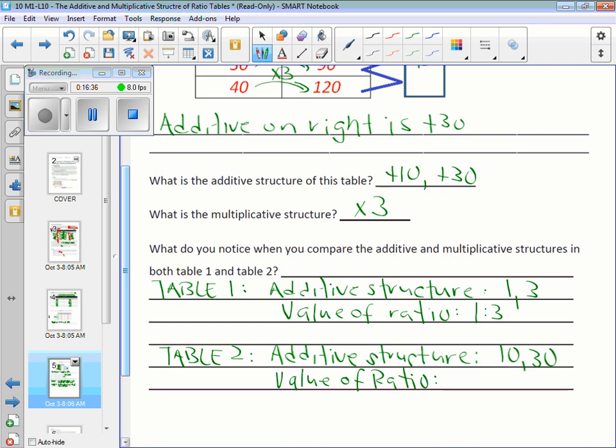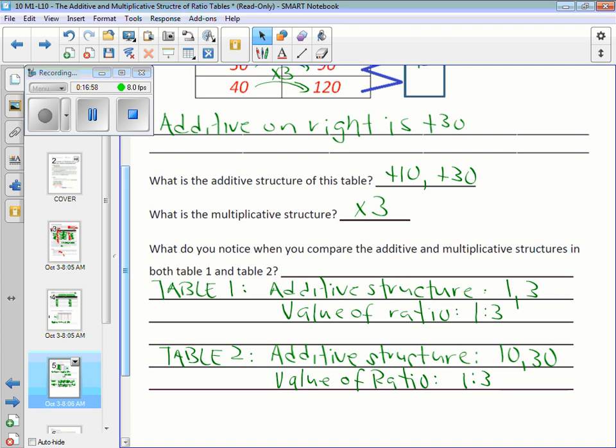What's the value of the ratio? Jen, what do you notice? Antonio. I noticed that table 2 was the same as table 1, just you added zeros. It was just 10s.